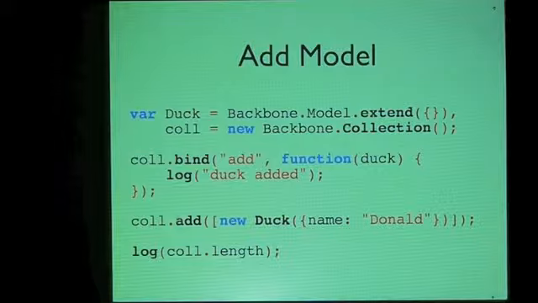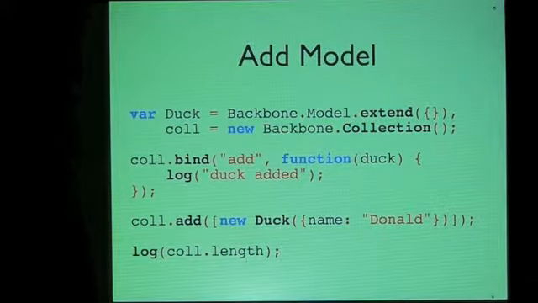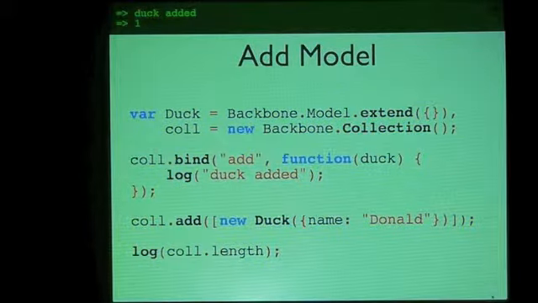Right down here, I've got my collection, and I'm going to add a new duck. I can add an array of ducks, or I can add a single duck if I want. I didn't need to put this in an array. I could have just said new duck, but I just wanted to put it in an array. Now I'm going to log the length of the collection. It's 1. Isn't that cool?